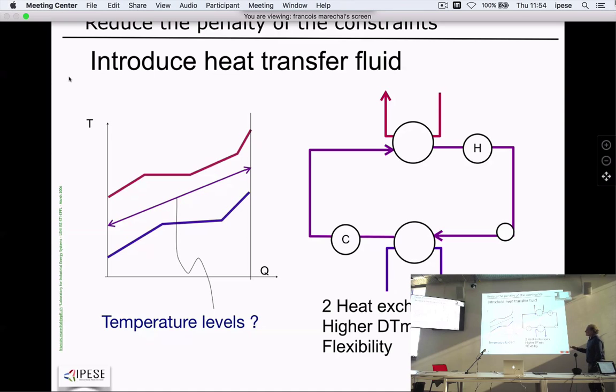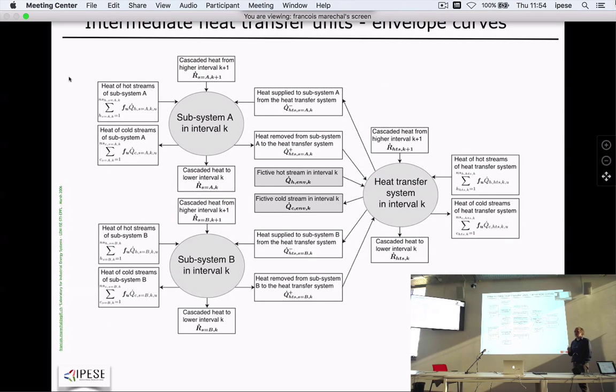So the question is, what are the temperature levels? Of course, here I have a hot stream and a cold stream, but in reality, I have a collection of streams that cannot exchange one with the other directly. So I'm going to use a mathematical formulation that will allow me to calculate the conditions that have to be satisfied by the heat transfer fluids in order to set the penalty to 0.